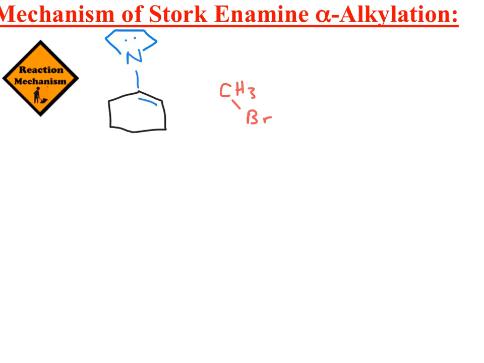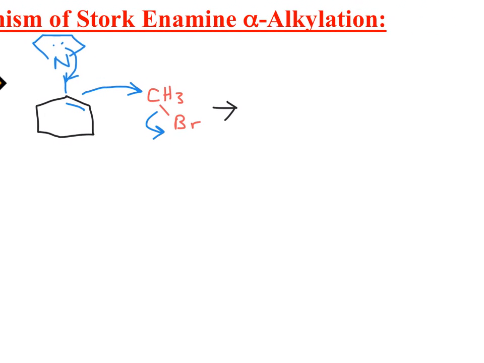And what happens here is the lone pairs swing down to form the carbon-nitrogen double bond, and it kicks out the electrons from the double bond, which go out and attack the electrophile, kicking out the leaving group, giving us our product.